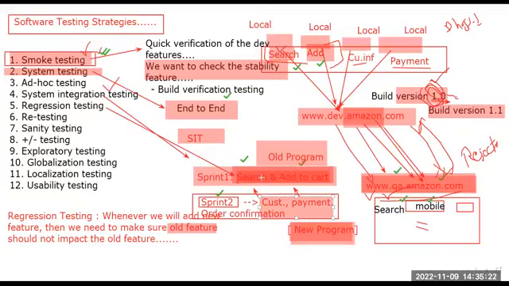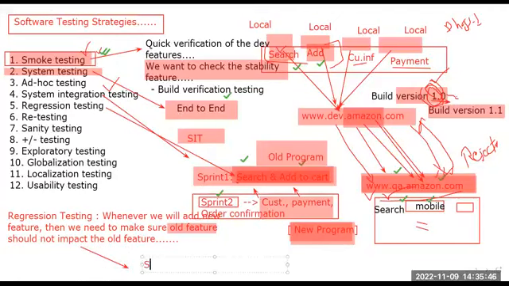High level means we can quickly check the old feature, like high level testing. But if you want to test the complete old feature, all the things, then we can include our automation test engineers, because this is all repetitive testing. For repetitive testing, we can introduce our automation guys.